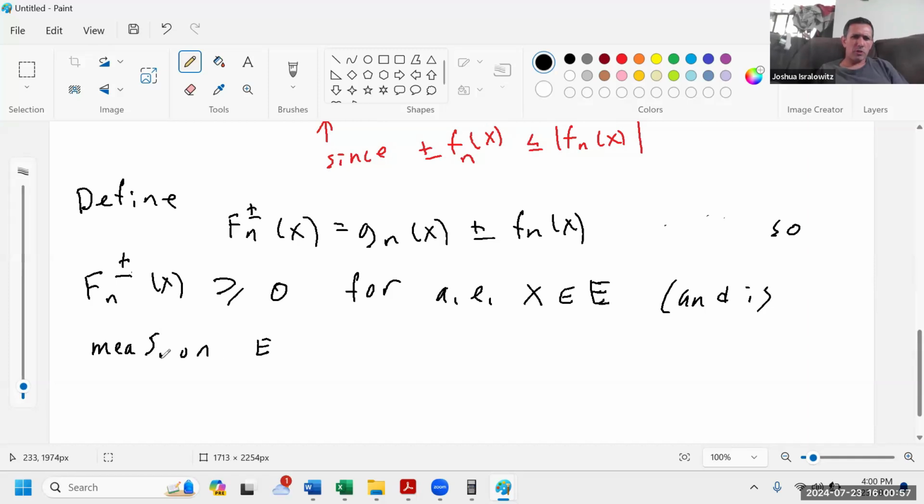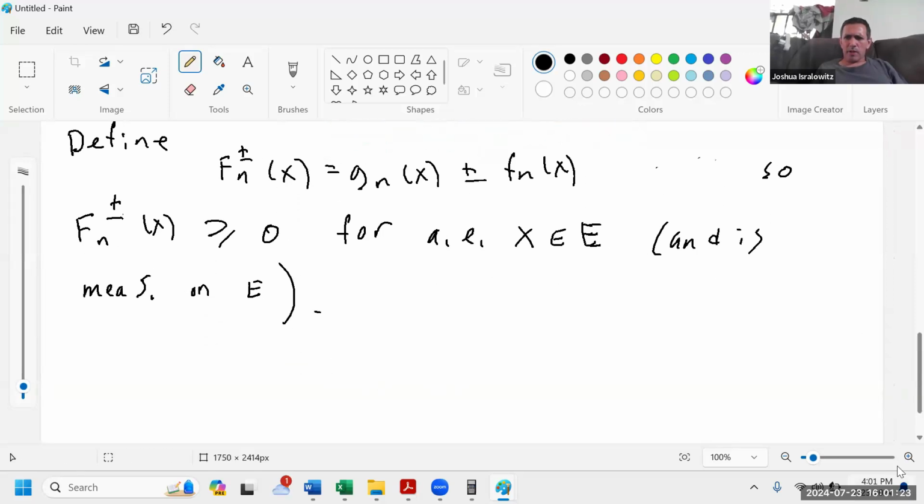And it's also measurable on E. Again, redefining it however you want on this bad set of measure zero where this is not true. And this doesn't even make sense. Okay, so let's apply Fatou's lemma.